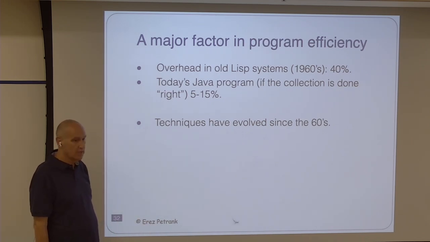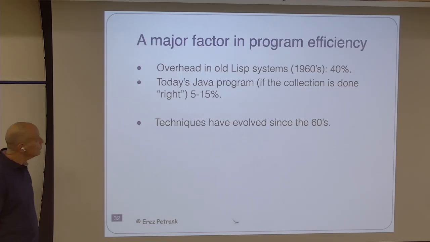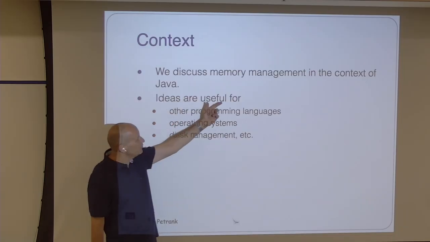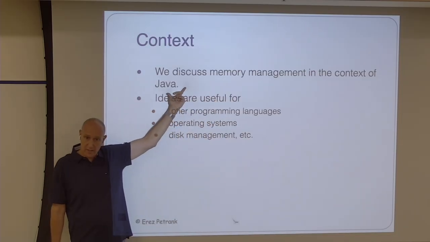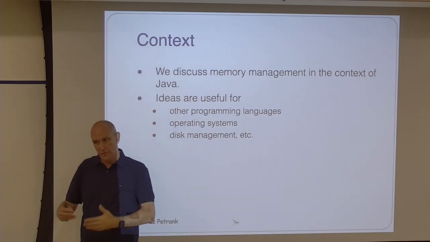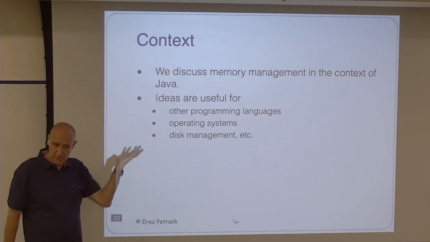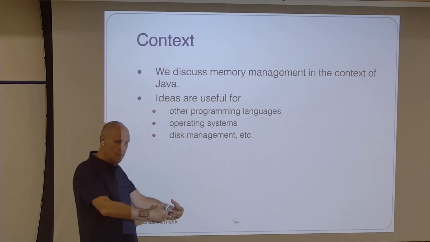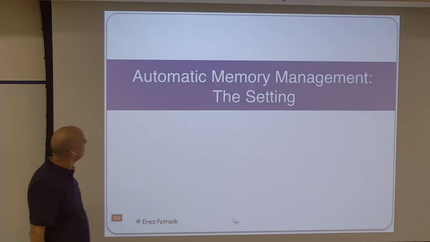Techniques have evolved a lot since the 60s, so we'll talk about all this in the course. We'll discuss memory management in the context of Java, but the idea is you can use them anywhere. For us, we'll talk about Java to make it clear what we're talking about.